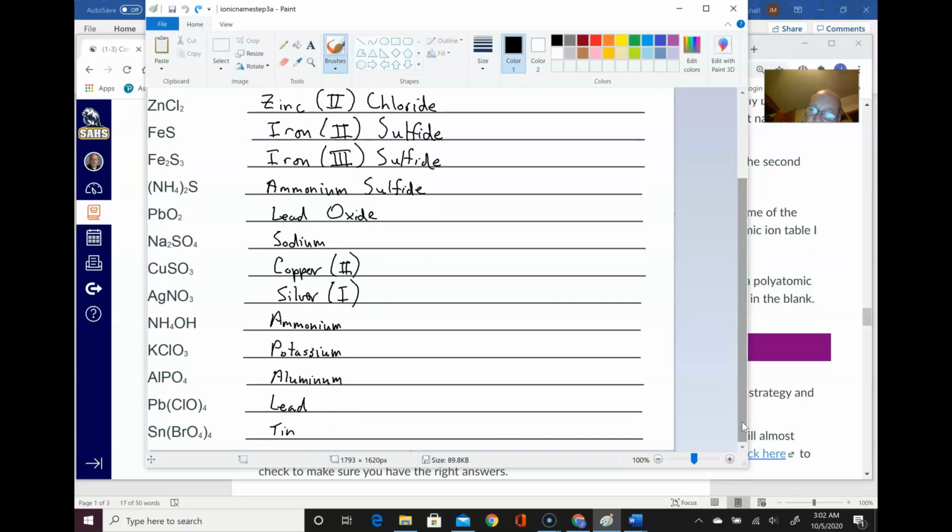Okay, so if I look at my polyatomic ion table for SO4, I find out that that is sulfate. And if I remove one oxygen from that, I get sulfite. Okay, NO3 is nitrate.